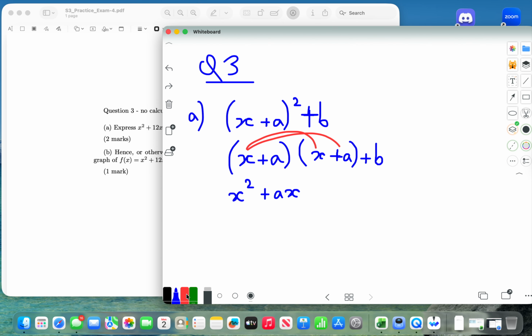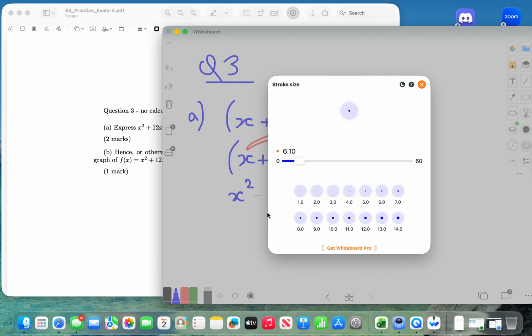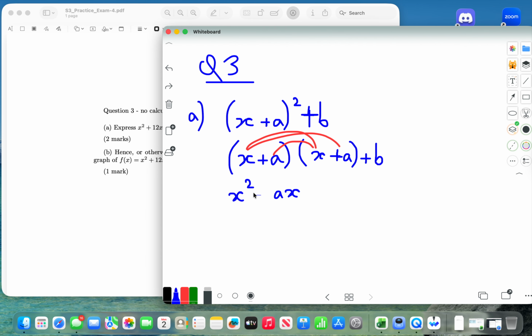But we get the same thing here, so that's ax plus another ax. So let's save some time and just write x squared plus 2ax.